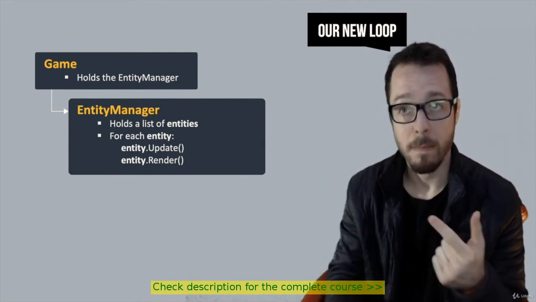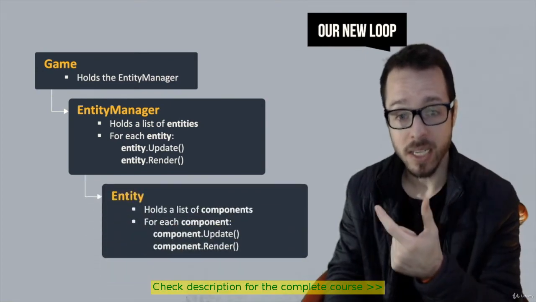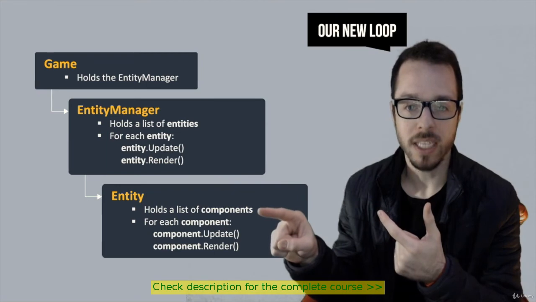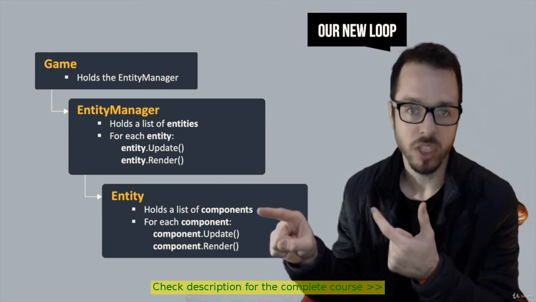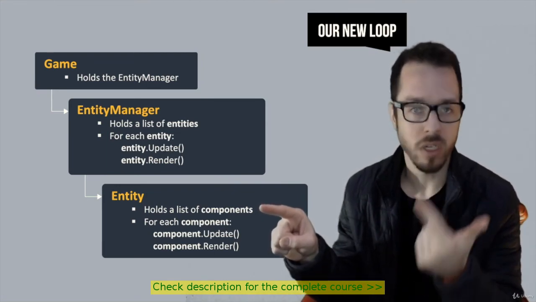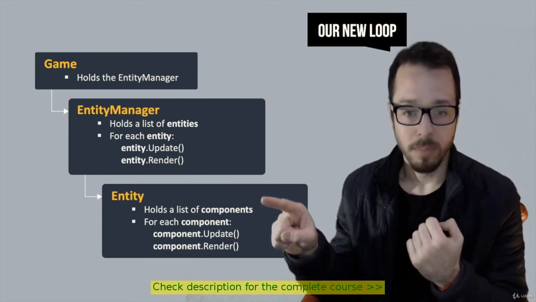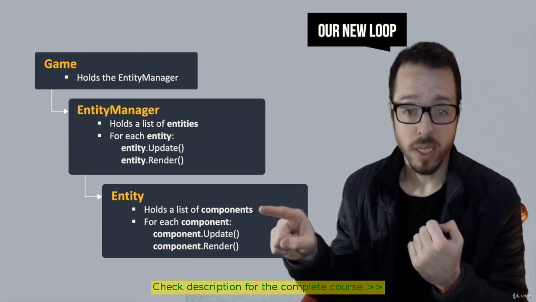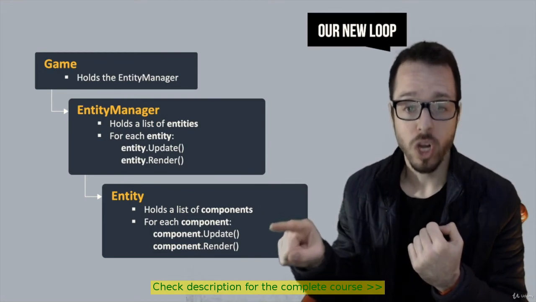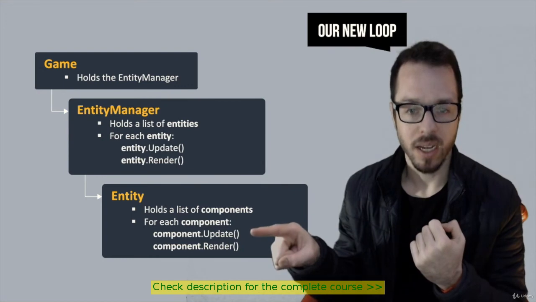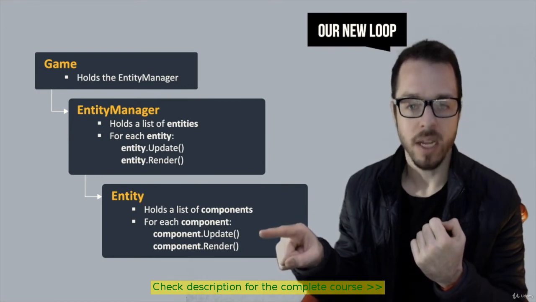I'm going to have a loop inside my manager that updates and renders all the entities. But each entity is going to be responsible for holding a list of components that I have just added, right? So transform component, sprite component, particle emitter, collider component. My entity holds a list of components, and my entity is also responsible for looping for each one of its child components and calling their update and their render.